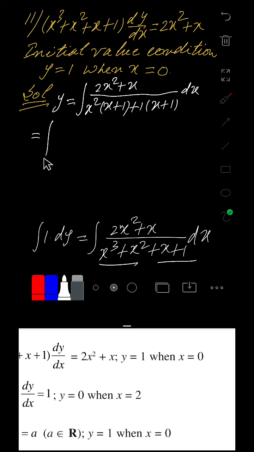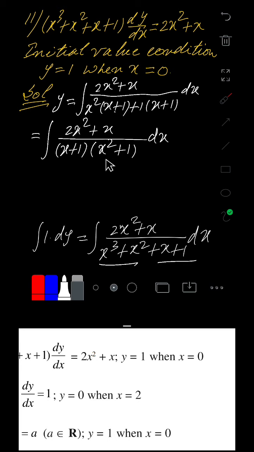That is equal to integral 2x square plus x divided by, now x plus 1 bracket is common, x plus 1. In the second bracket, we have x square plus 1 dx. And obviously this is the case of integration by partial fraction.